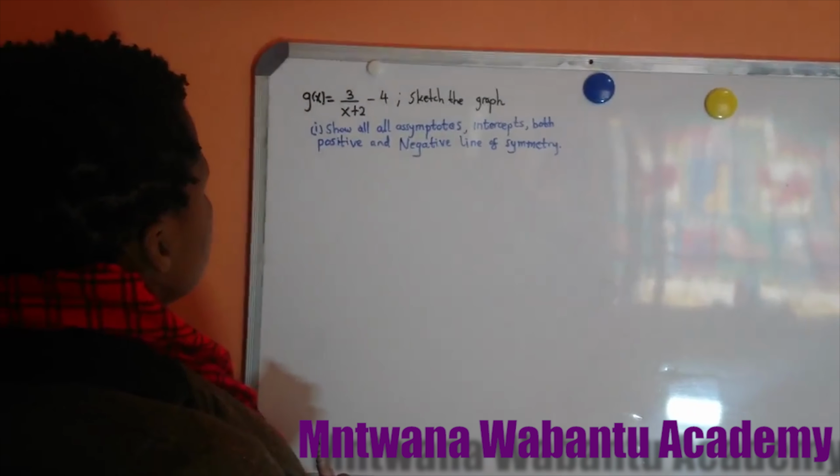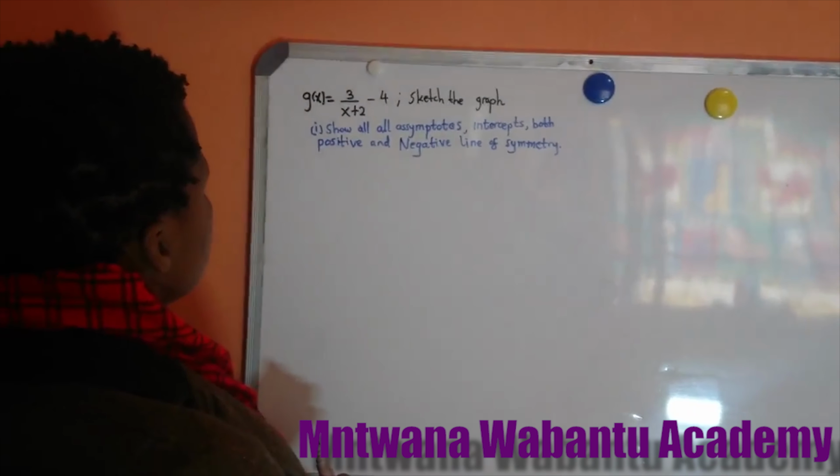Take negative 4 to the left, because we want the fraction gone. Cross multiplication. So move it: 4x plus 12.